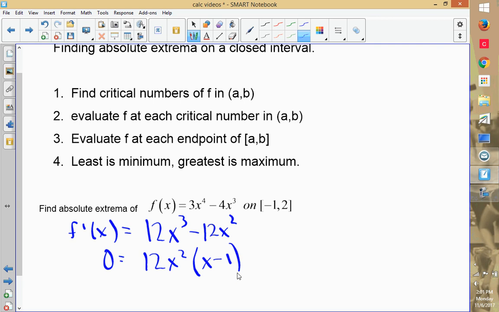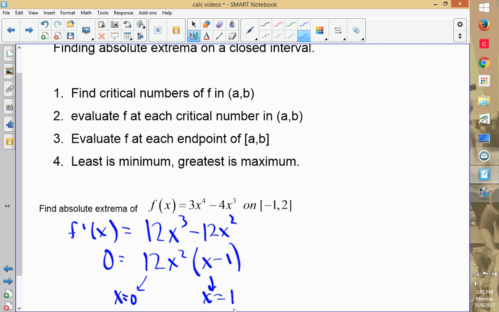So then I have 12x squared times x minus 1, which means I have two critical numbers. Let's check to make sure they are in our interval, which 0 and 1 are both between -1 and 2. So I have two critical numbers, and I have two endpoints.